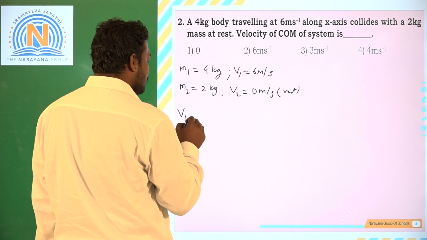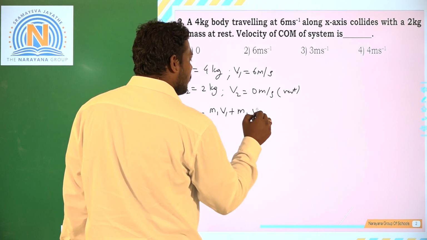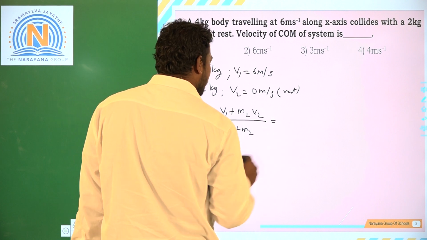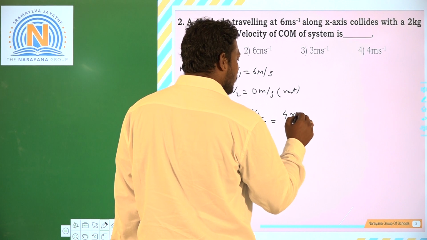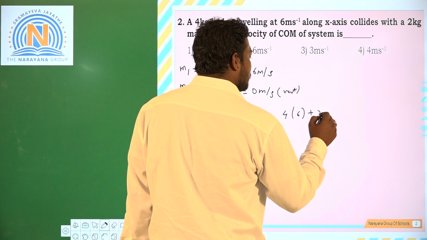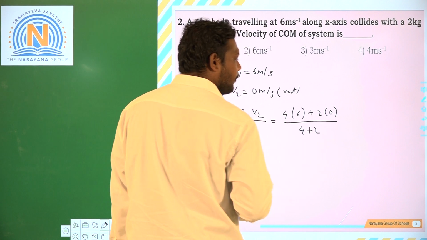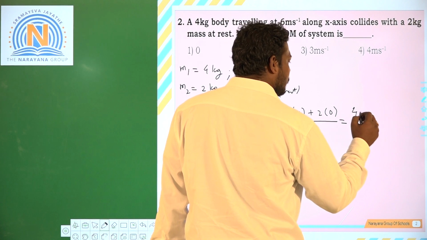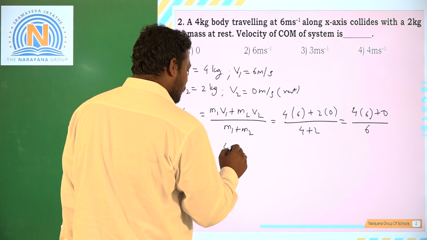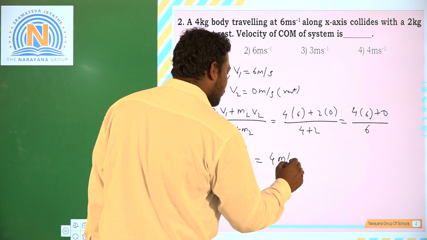Okay, so VCOM is equal to M1 V1 plus M2 V2 by M1 plus M2, which is 4 into 6 plus 2 into 0 by 4 plus 2, which is equal to 4 into 6 plus 0 by 6. 4 into 6 by 6, 6 gets cancelled, you will get 4 meter per second.